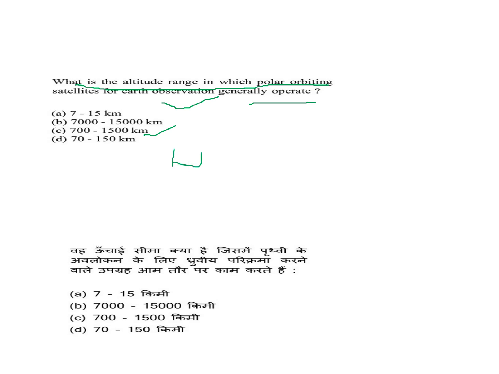That is low Earth orbit, the normal altitude where you can capture high resolution images and precise data from the Earth's surface. 7 to 15 kilometers is very low and it is not possible to maintain satellite orbits there, whereas 7,000 to 15,000 kilometers is where medium Earth orbits operate, generally for GPS rather than high resolution Earth imaging. High resolution imaging means about 700 to 1500.